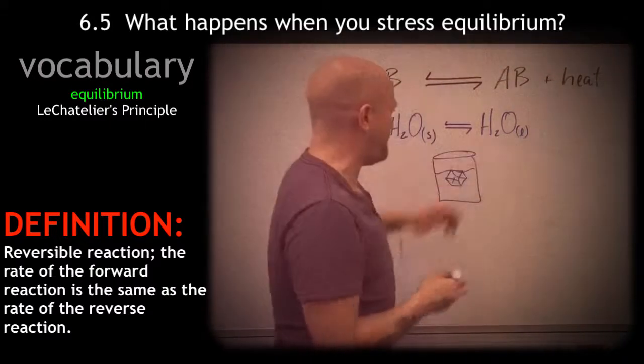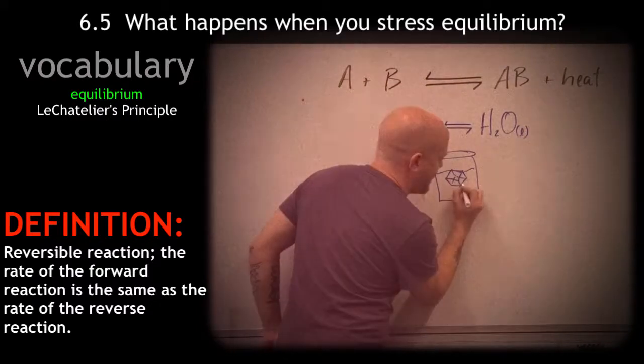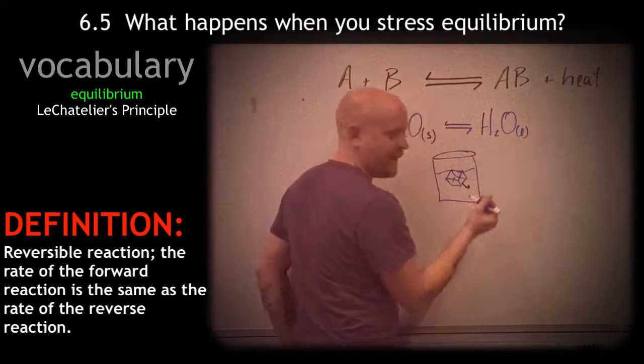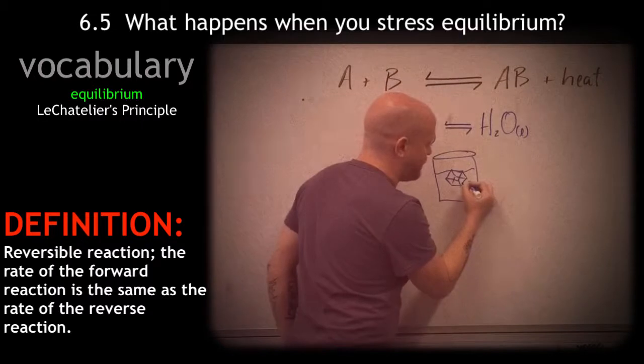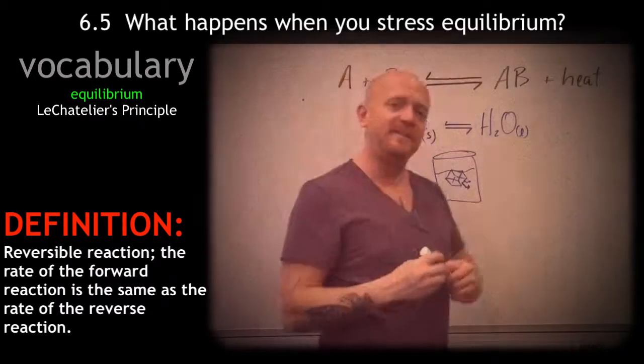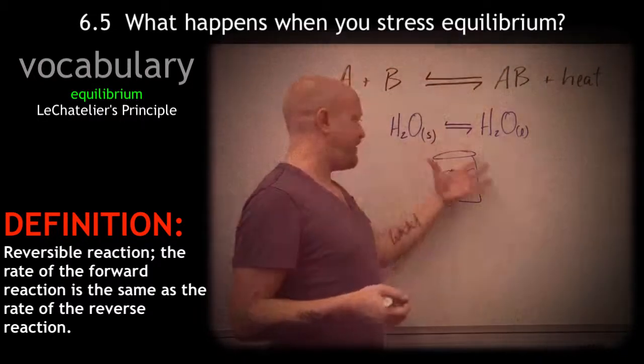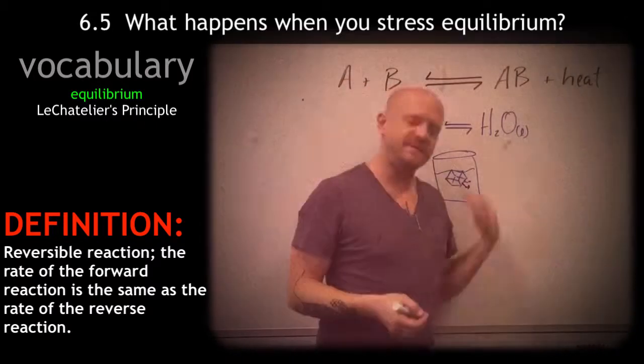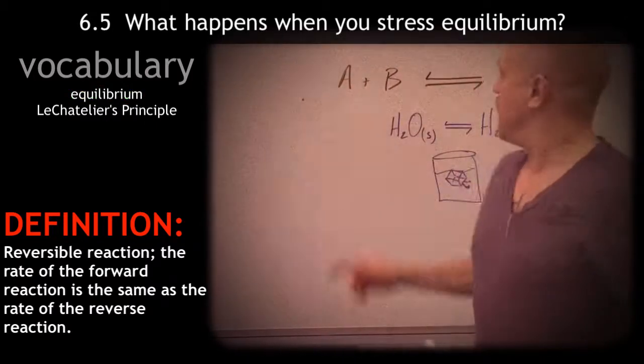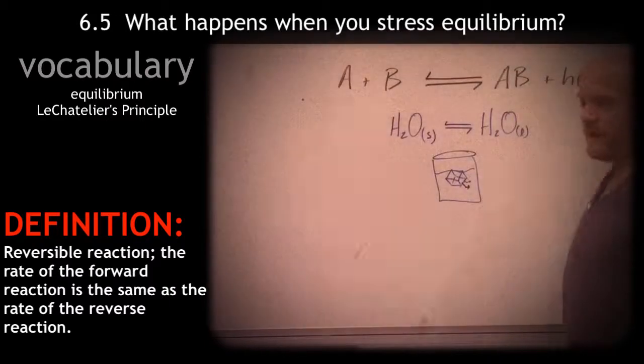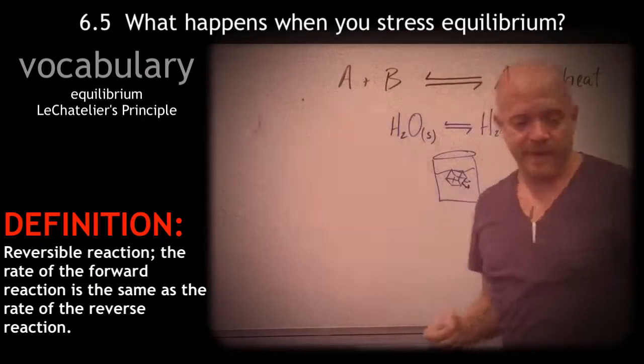Some of the particles on the ice cube are going to go from solid to liquid, and some of the liquid particles are going to refreeze onto that solid ice cube. It's going to be in equilibrium until the temperatures equalize. That's going to take a while. Now, when you see the symbol, forward equals reverse, the rate.